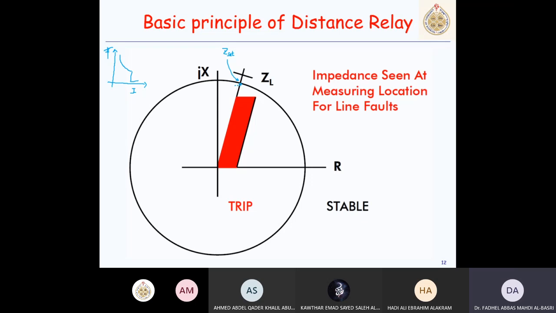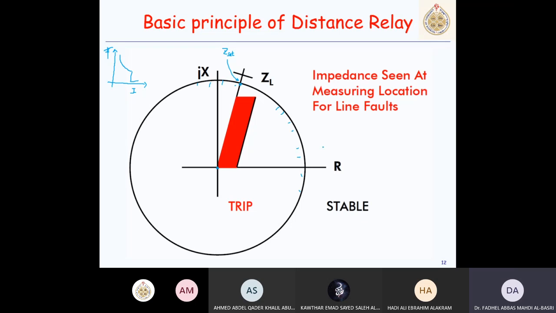You know, the reach. This is the setting I want to find. It is an impedance, a circle centered at the relay location. So when a fault occurs inside the circle, the relay declares that there is a fault in the line.